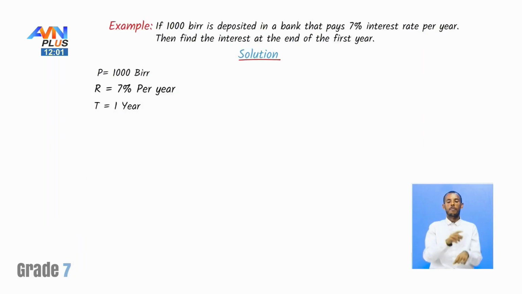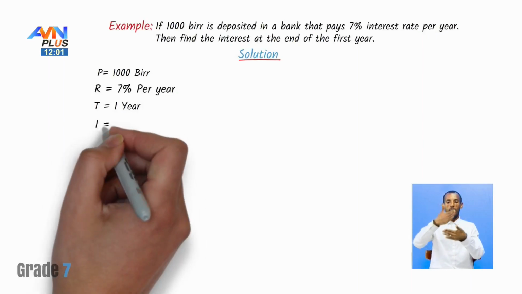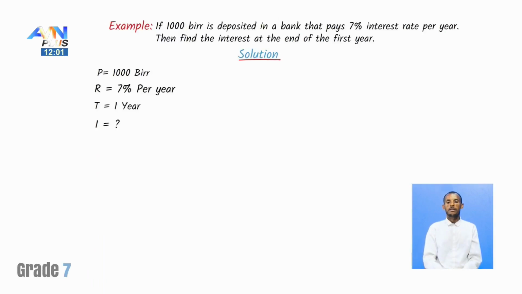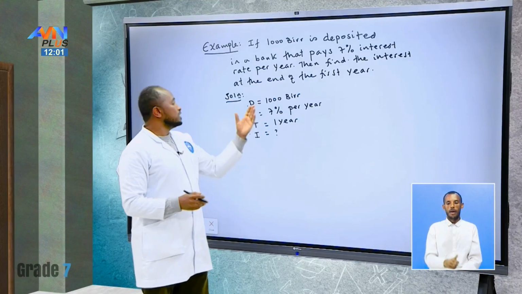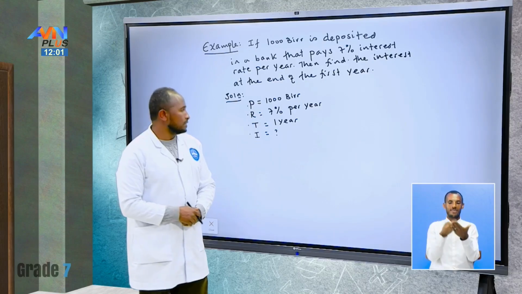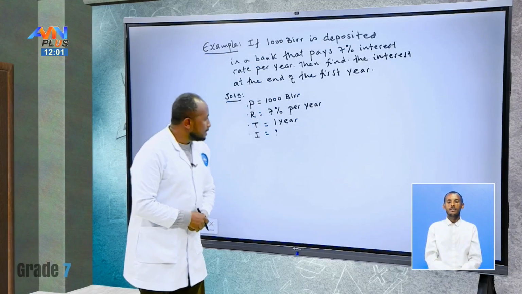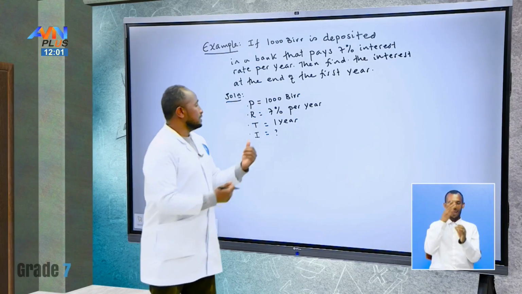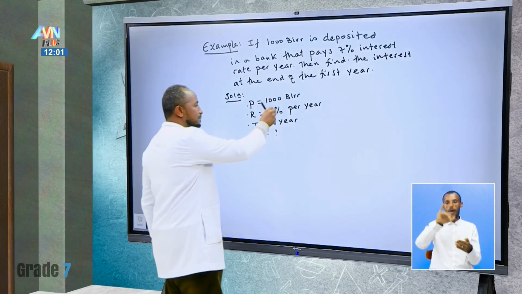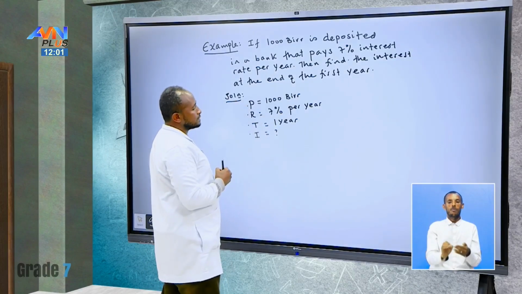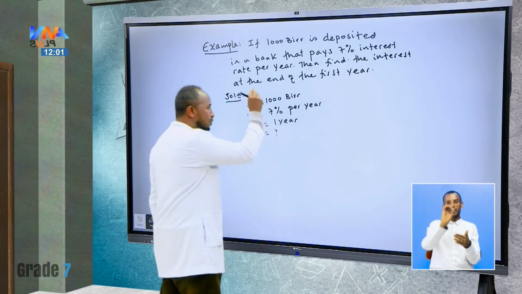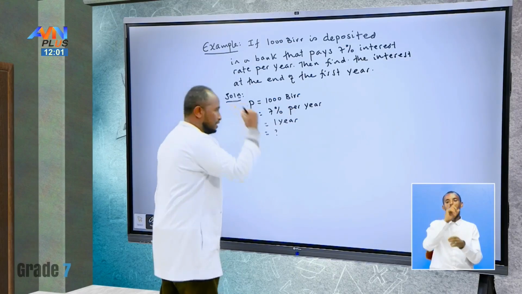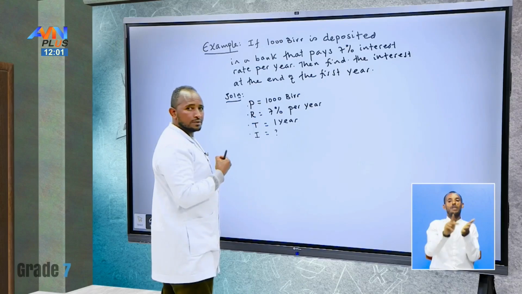So what will be the simple interest? Not only simple interest, we'll also try to find the amount. Here we simply calculate the interest by taking 7% of 1,000. The interest rate is 7% per year, so in 1 year it pays you 7%.